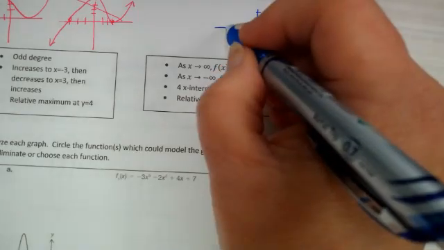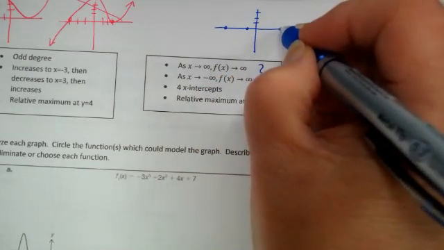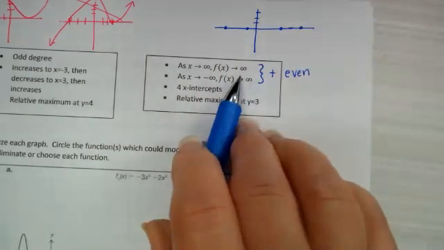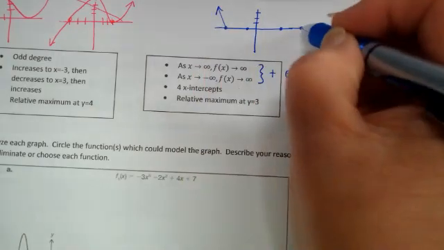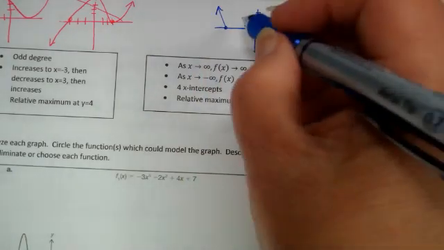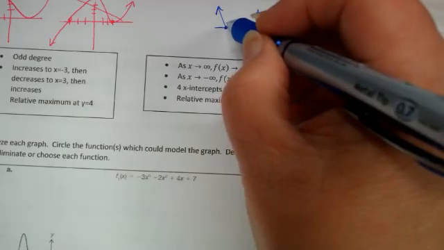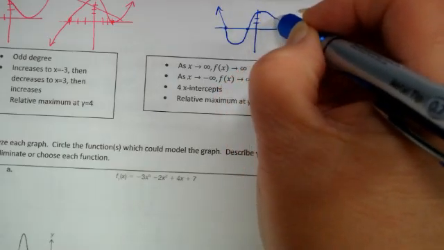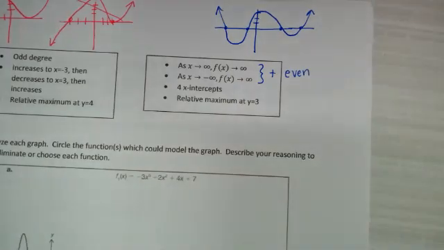So 4 x-intercepts. So I'm just going to make 4 random intercepts. It's going up and up on both ends. Has a relative maximum at y equals 3. So that means somewhere in here it hits 3. Something like that. So not perfection, but just getting an idea of the shape of the graph.